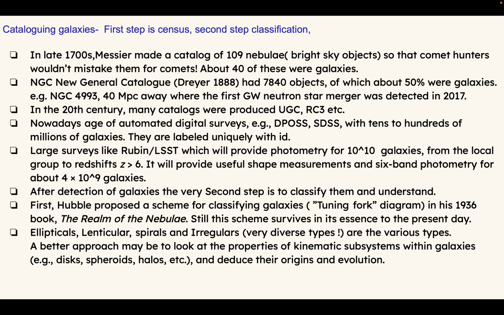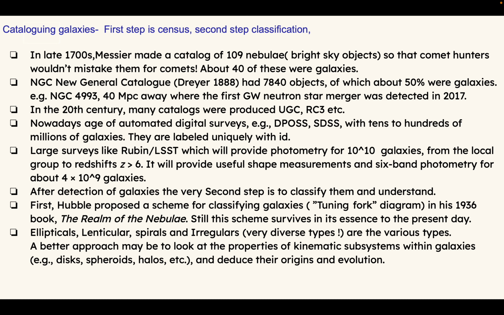After making a census or cataloging of the galaxies, you have to classify them based on some observable property, and this will be great for understanding how and why these galaxies are formed.